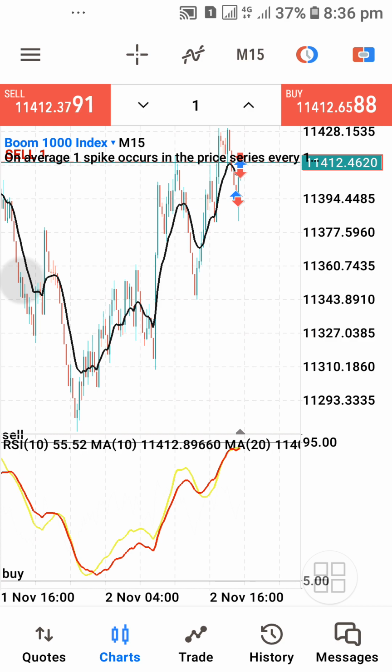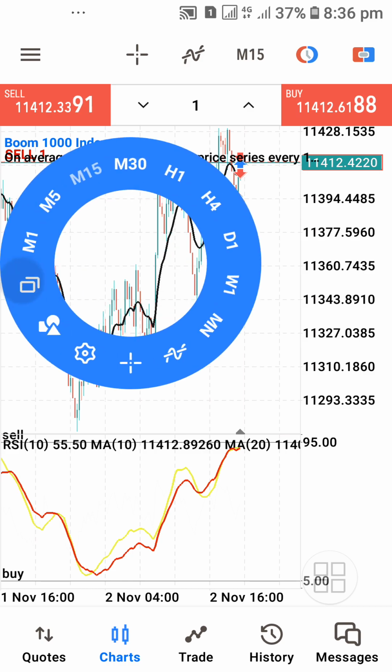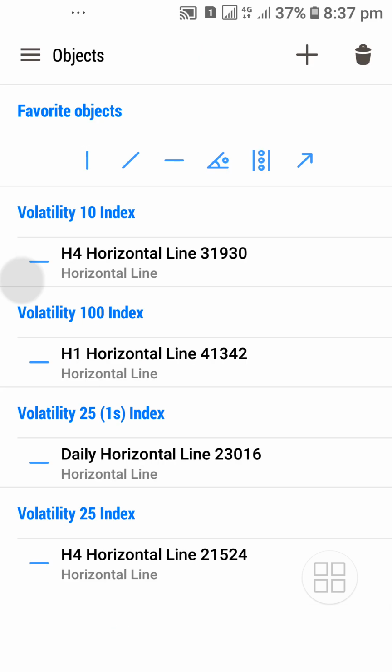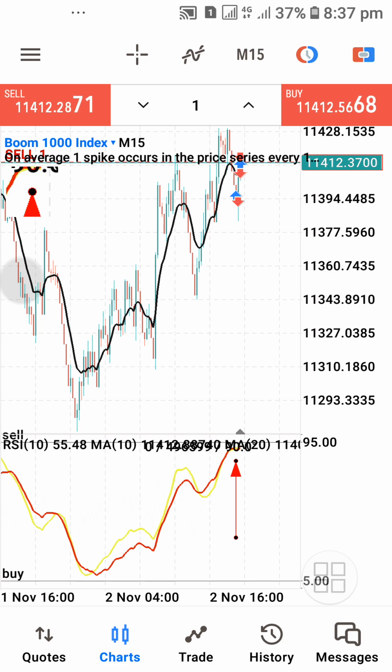Now, if you come down here to this indicator window 1, you see that this point here is the oversold region. This is the sell region. This 95, you can see it's the 95 region, the sell region.